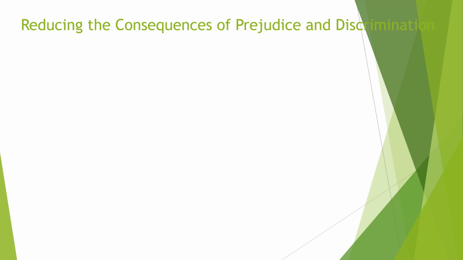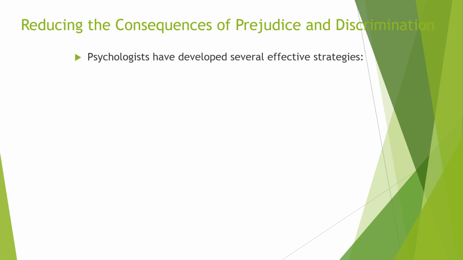So the last thing that I want to talk about in this module is how do we reduce the consequences of prejudice and discrimination? Psychologists have developed several effective strategies for doing this.